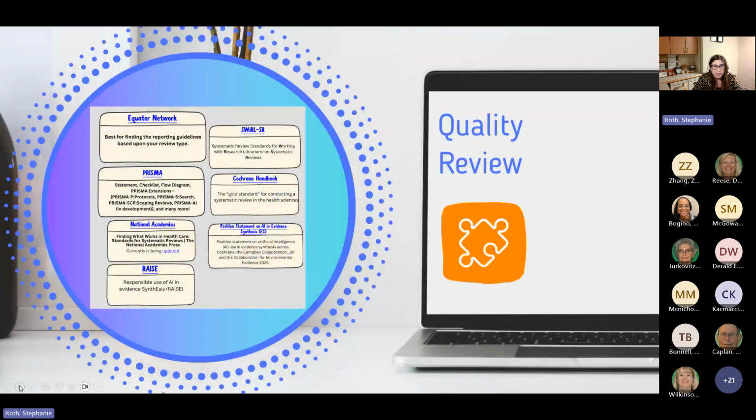And then for quality review, make sure you always check and stay true to the standards, the reporting guidance. The EQUATOR Network is for all studies, not just reviews, but you could find reporting guidelines for different study types. PRISMA is used for reviews of intervention studies, and it's something you hear a lot, but not everyone follows.